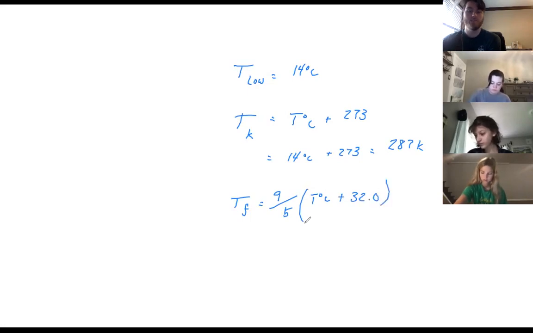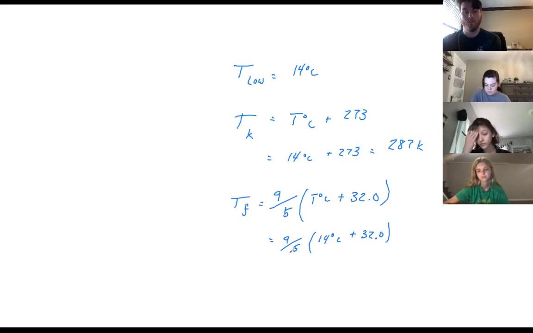Okay, so what we want to do first is plug in our temperature in degrees Celsius. So 9/5 of 14 degrees Celsius plus 32.0. Then we're just going to collapse it into 9/5 times 46.